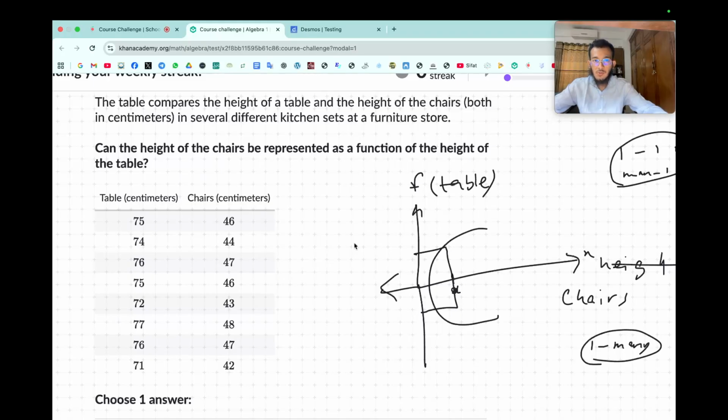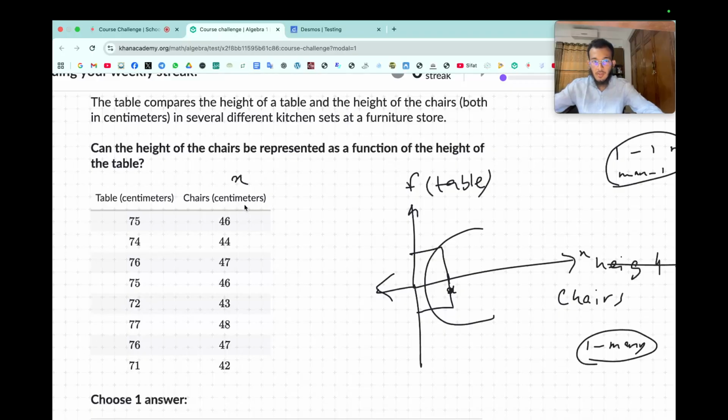So our job is to check the x values. We have to check whether for the same values of x, we have multiple values of y or not.